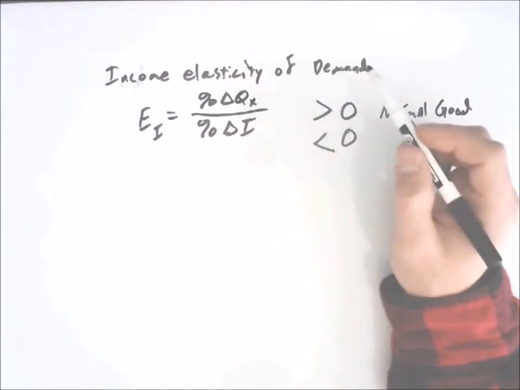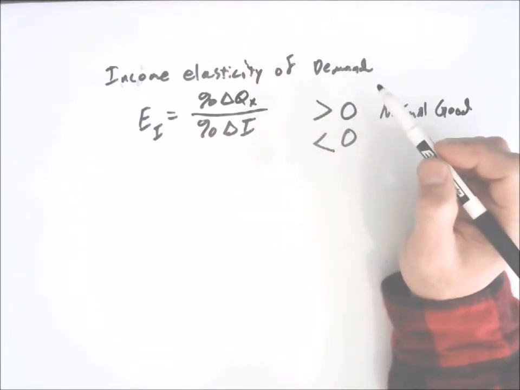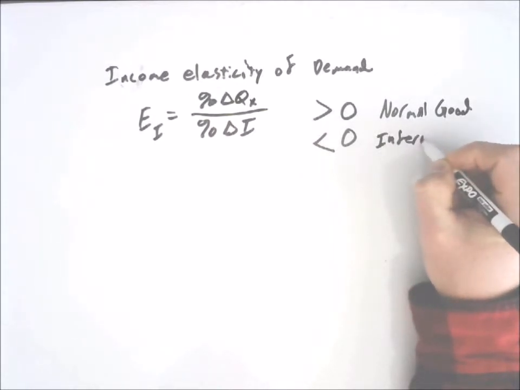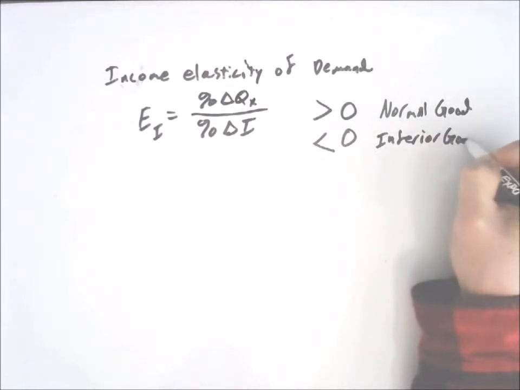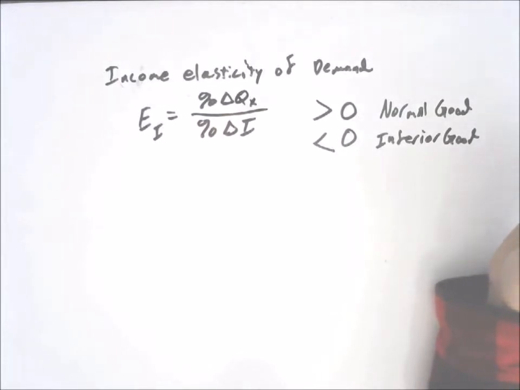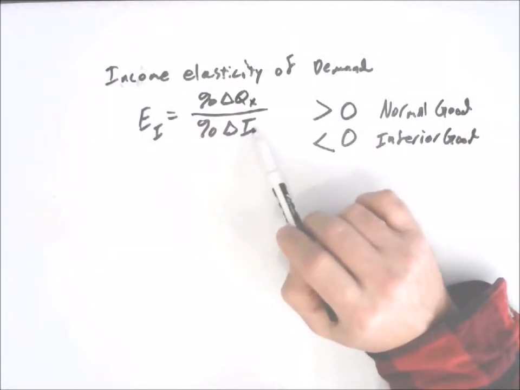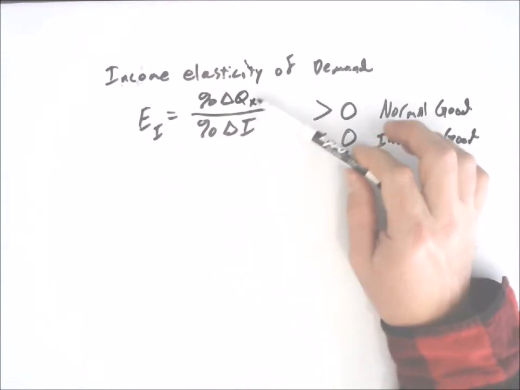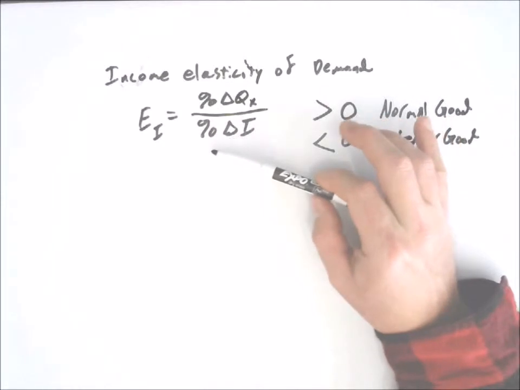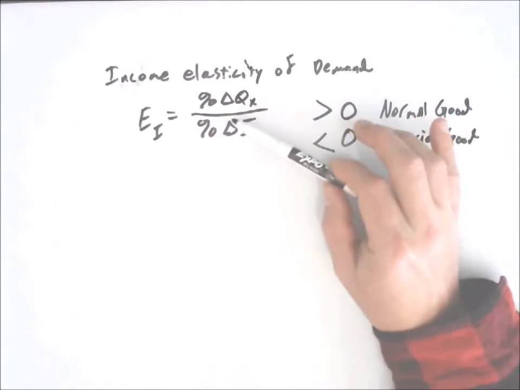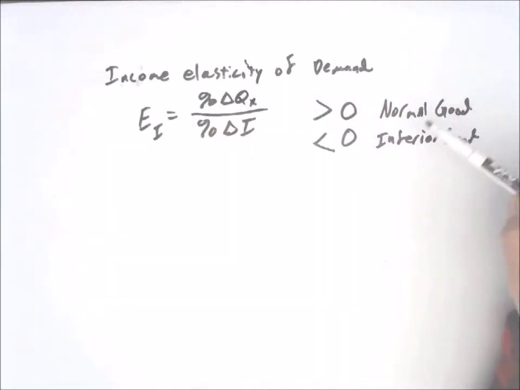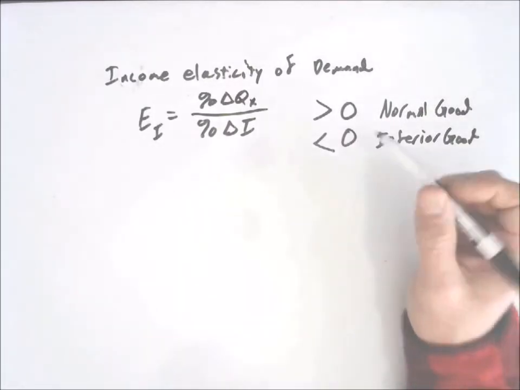That negative relationship between changes in income and changes in demand is an inferior good, by definition. So if you can get hold of the income elasticity value for your product, you can immediately tell whether it is a normal or inferior good.